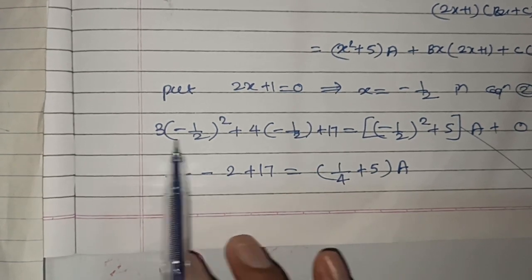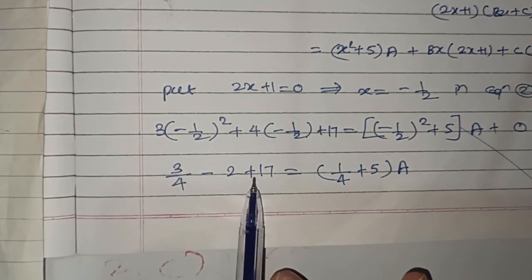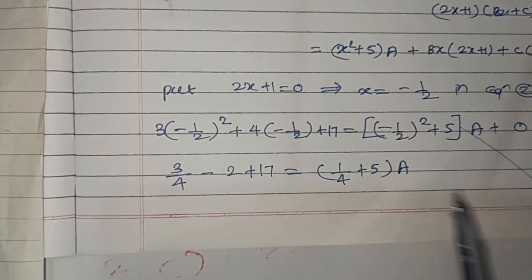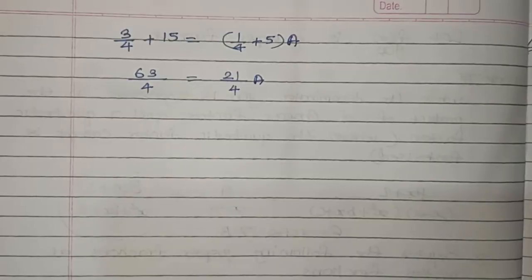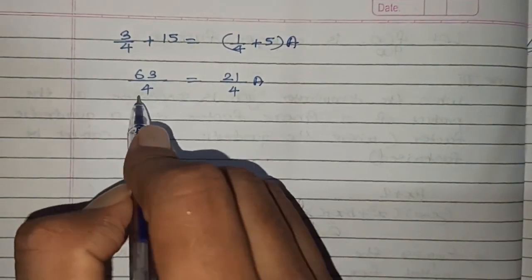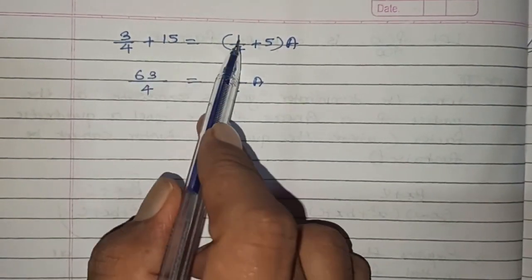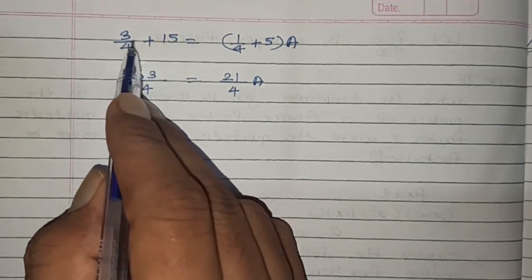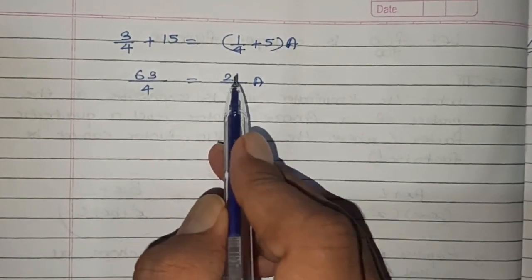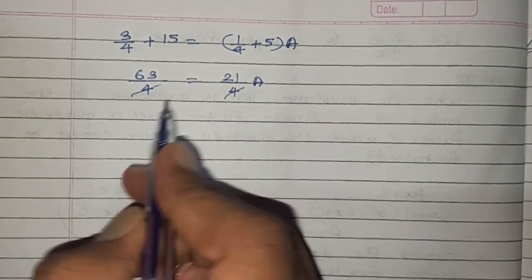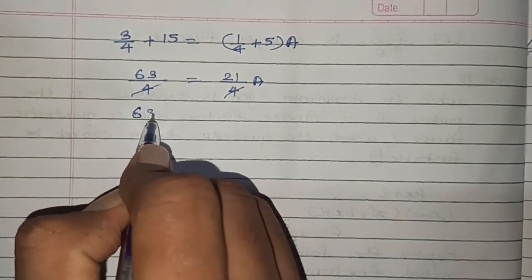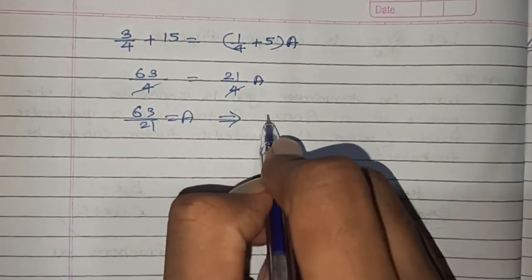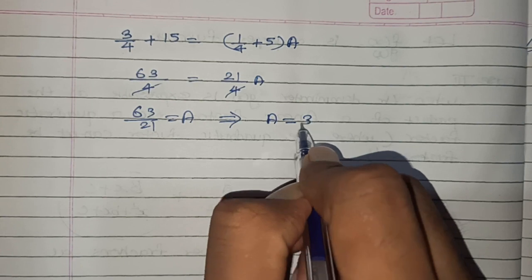We get 3 by 4 minus 2 plus 17, and it is half square, 1 by 4, plus 5 times a. On solving this we get 3 by 4 plus 15, equal to 1 by 4 plus 5 into a. 15 times 4 is 60, 60 plus 3, 63 by 4, equal to 21 by 4 times a, the 4s get cancelled. So 63 upon 21 equals a. This gives a equal to 3.